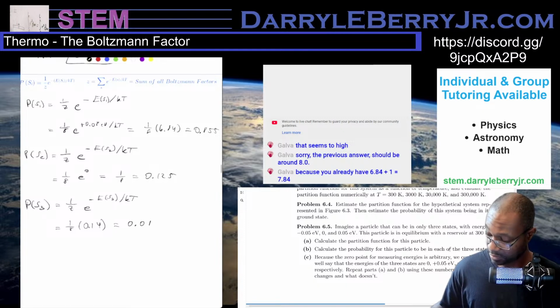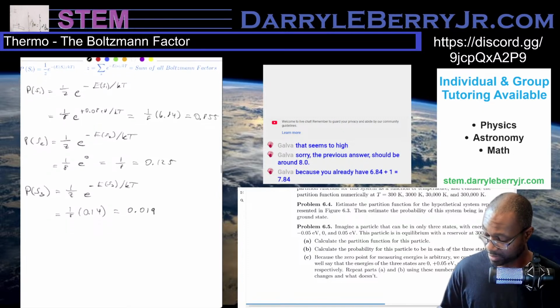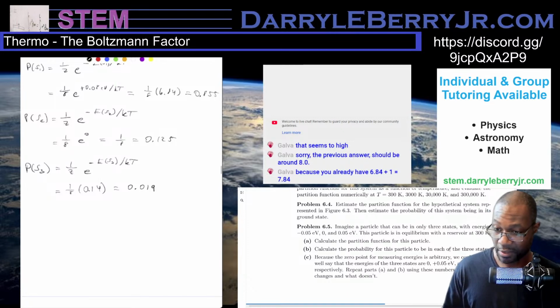Technically, I should increase this since I rounded that one down. So technically, it should be 0.019, if I'm thinking of that properly. So we know that all of these probabilities should add to 1.